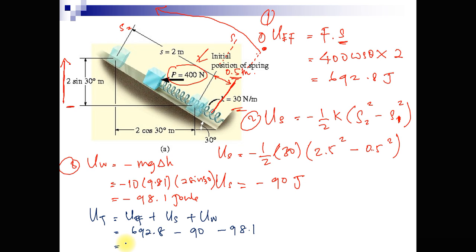So we will have the answer of 504.7 joule. So the total work done to bring the block up the slanting plane is about 504.7 joule.